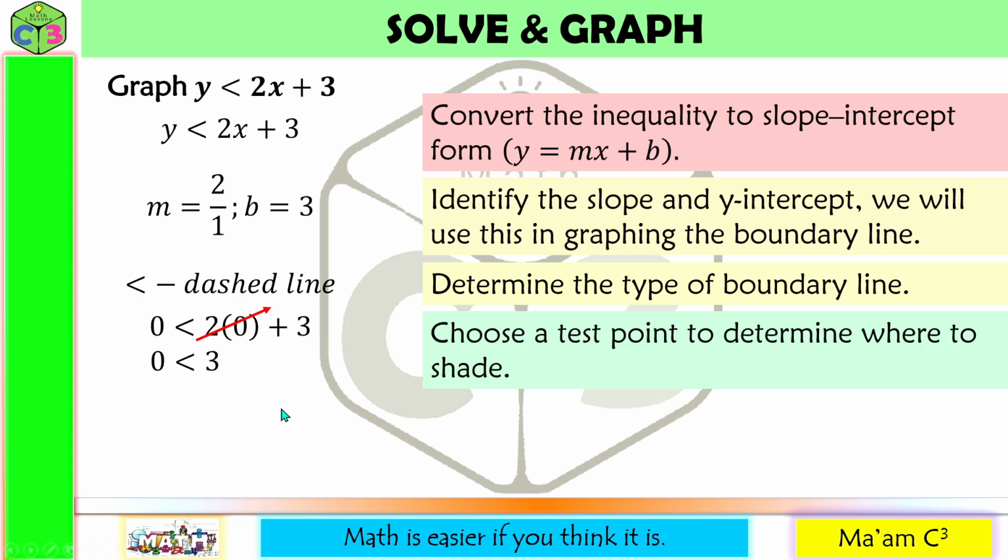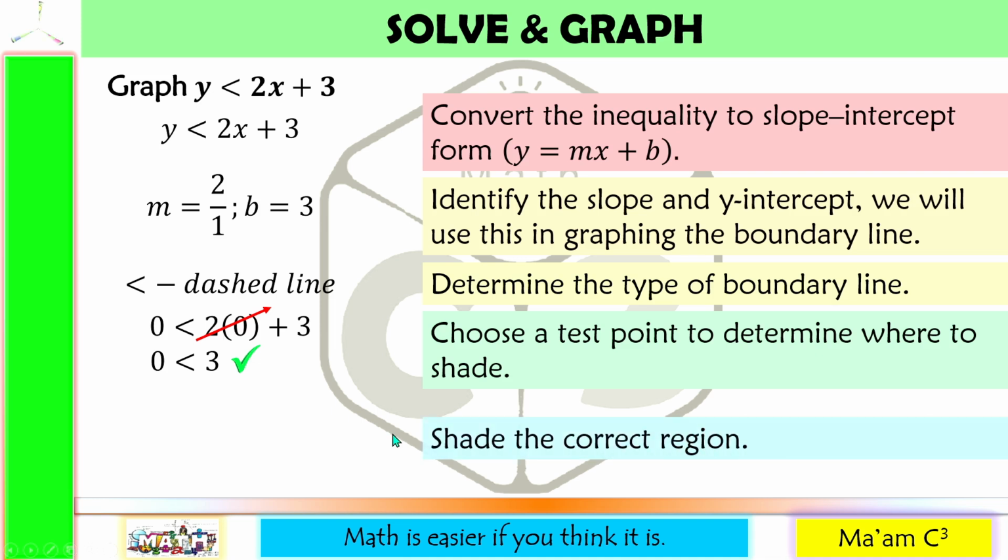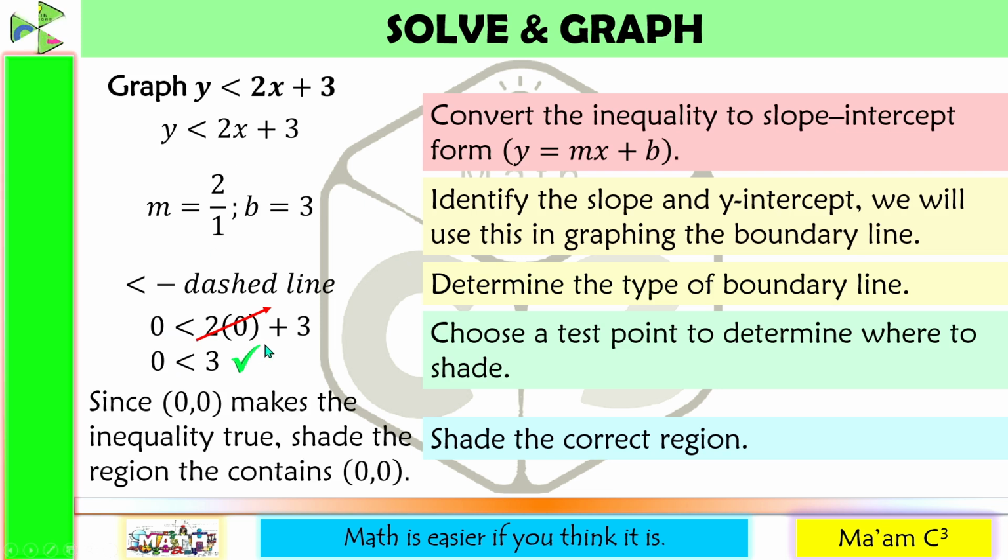Is it? Is 0 less than 3? Yes, it is. And step 5, we are going to shade the correct region. Since (0, 0) satisfies the inequality, then we are going to shade the region where (0, 0) is located.